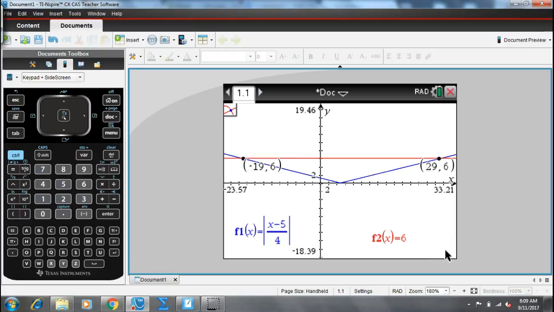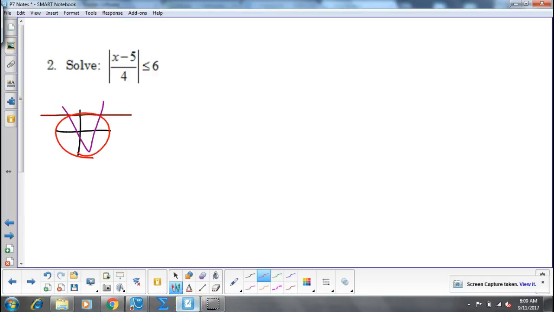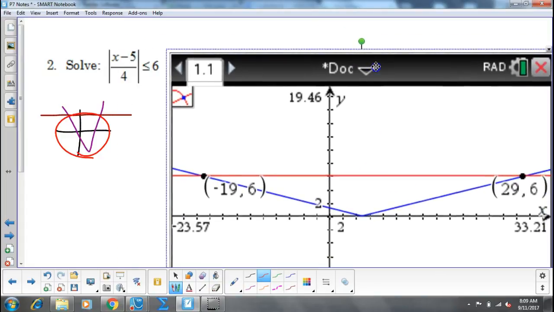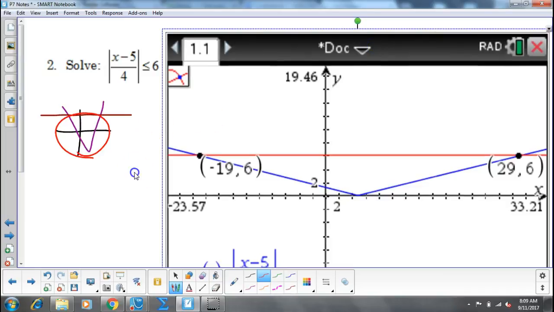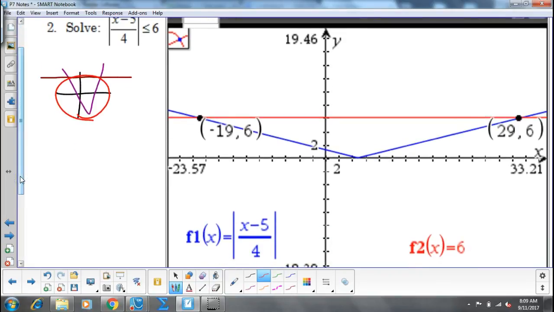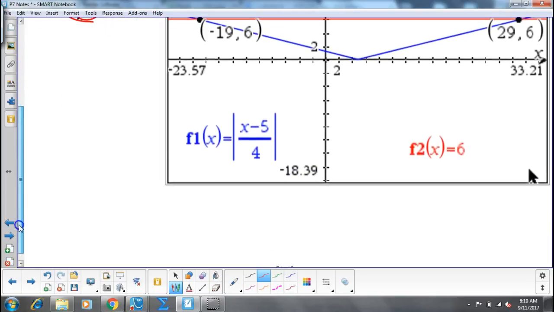So let's get that over there. Let's get this over here. Okay, so less than or equal to 6, correct? So that interval would be what? Let's give our answer in interval notation. Less than or equal to 6. Bracket or parentheses?